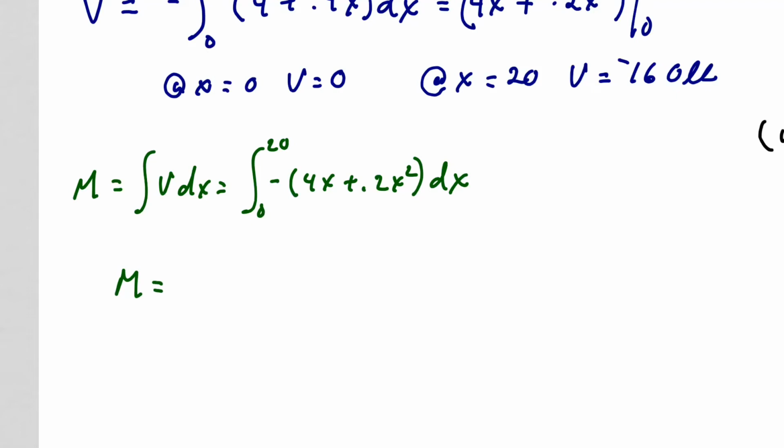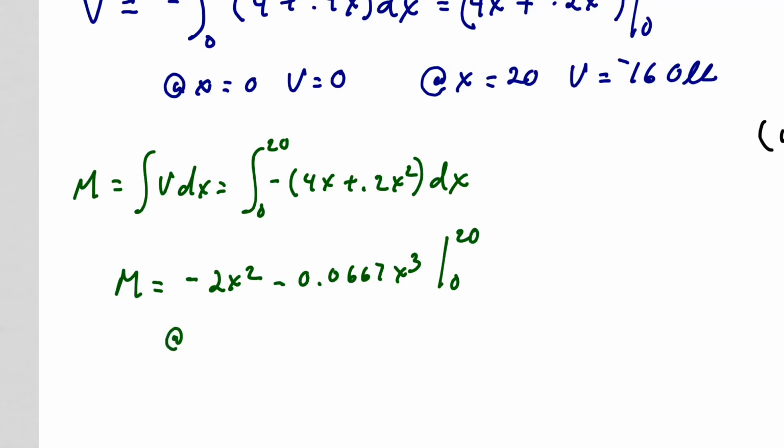M equals a minus 2x squared, and then minus 0.0667x cubed. And we'll evaluate that between 0 and 20.